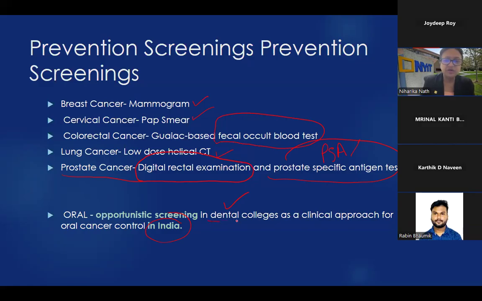So opportunistic screening should be done by the dental colleges, where the students check, as a clinical approach, and get experience. Anybody who takes pan and tobacco on a regular basis can check for oral cancer, and that would take care of that.